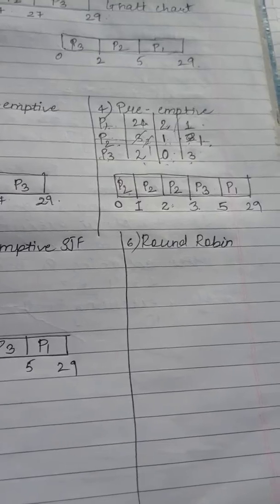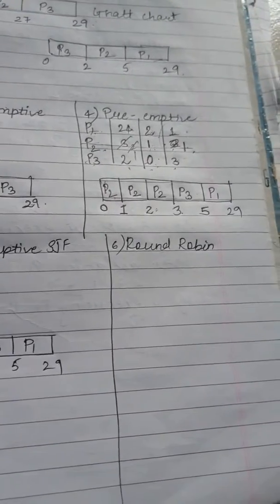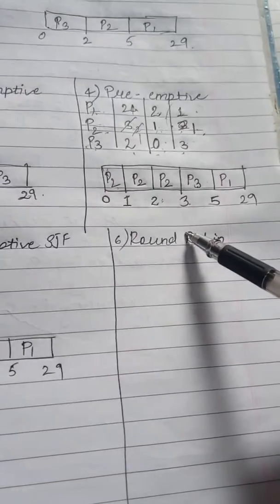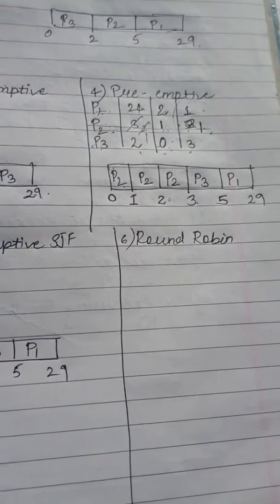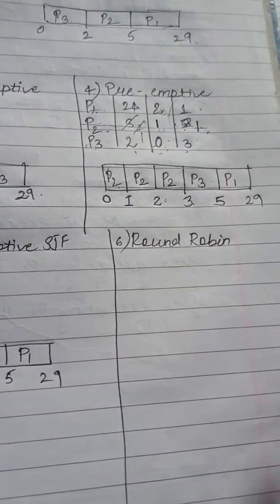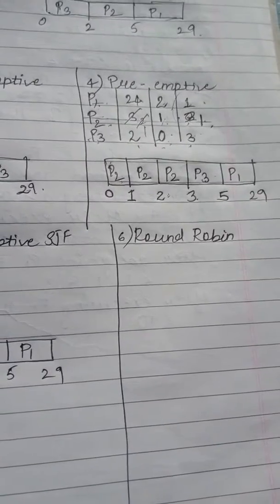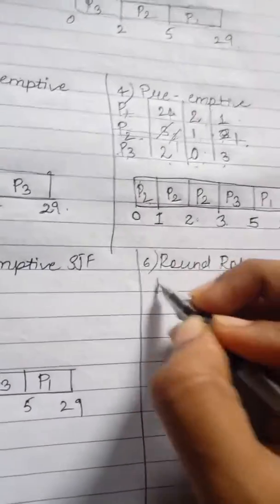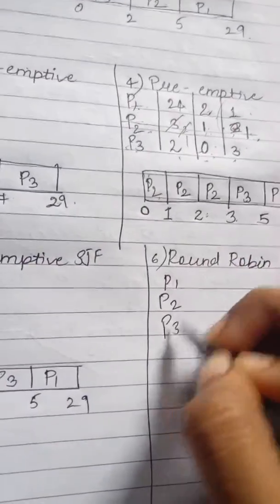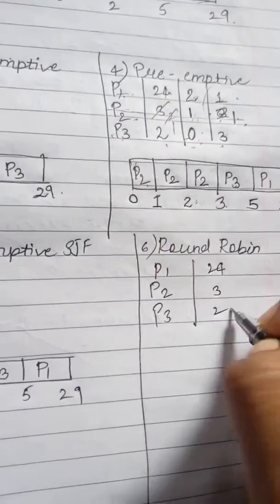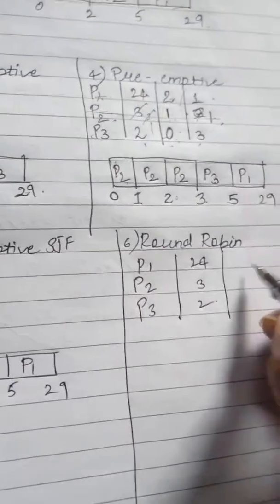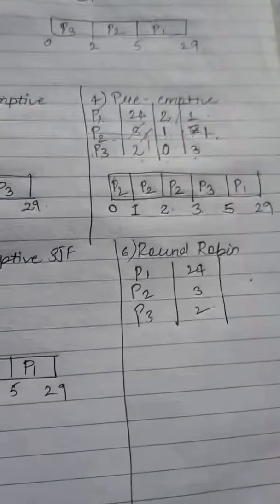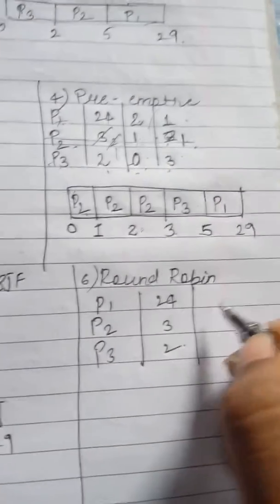It is a type of preemptive scheduling algorithm, and in this a fair chance is given to all the processes, and each process is assigned a time quantum. For that particular time quantum, the process gets executed and then leaves the CPU. So consider the same example, P1, P2, P3, 24, 3, 2. Okay, and the time quantum is, first we will see the arrival time.